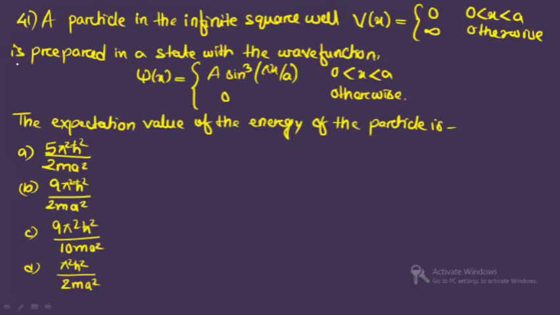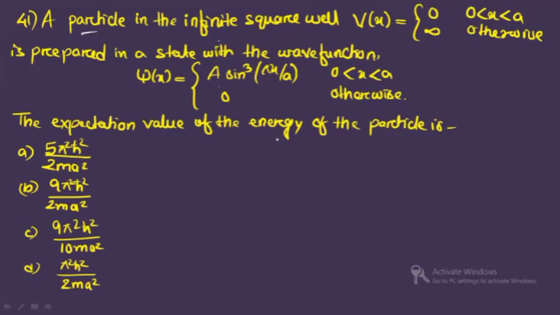Clear? Next here we have a particle in an infinite square well, Vx is equals to, for x greater than 0 less than a, it is 0, and it is infinity otherwise. It is prepared in a state with the eigenwave function psi x equals to A sine cube pi x by a for x greater than 0 less than a, and it is 0 otherwise.